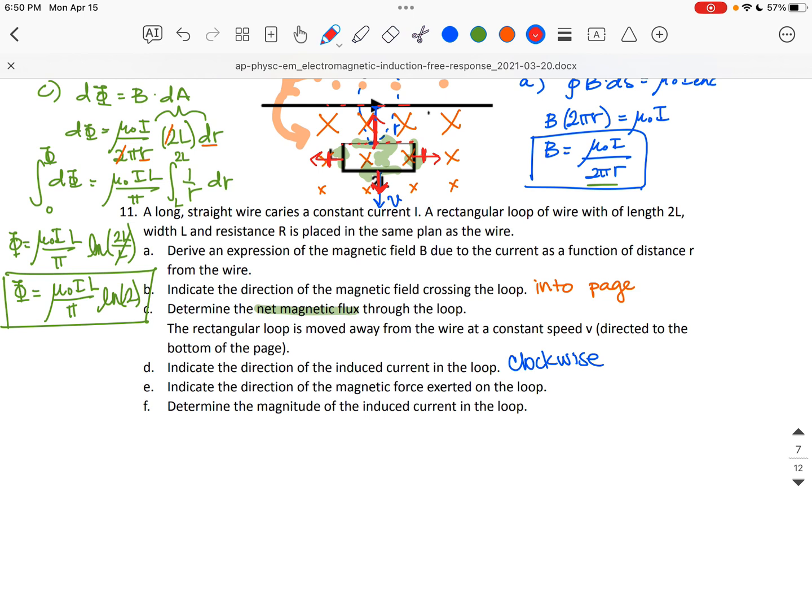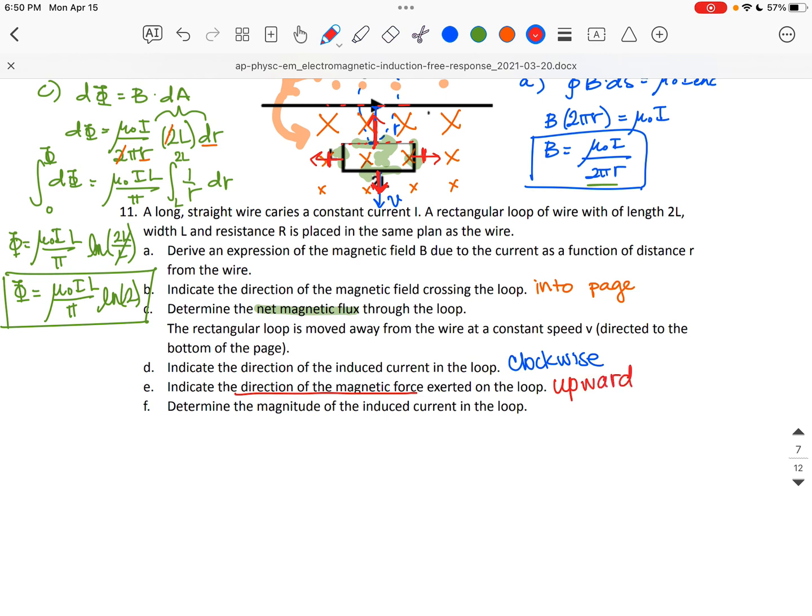I drew a smaller arrow for the magnetic force downward because it has a smaller magnetic field and therefore smaller magnetic force. So when it says indicate the direction of the magnetic force, it's going to experience a force pulling outward on all sides, but the net force is going to be upward.